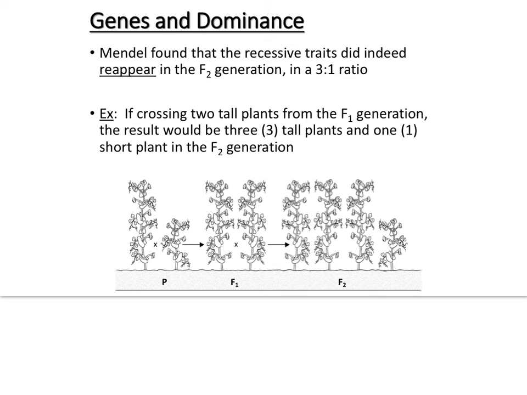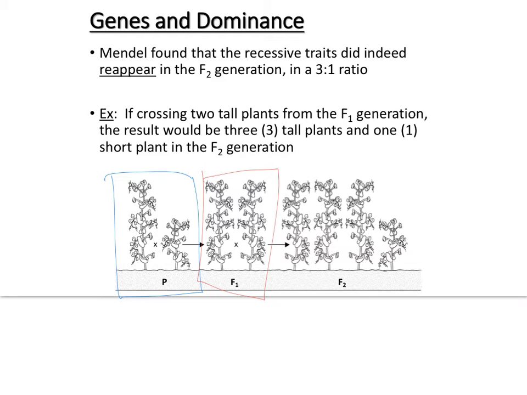So what Mendel did is he crossed two of his F1 plants. So if you follow this picture, he had his P generation here, a true breeding tall plant and a true breeding short plant. Then he had his F1 generation here, which were all tall. And he crossed these two plants with each other, so one of these F1 tall plants with another F1 tall plant.